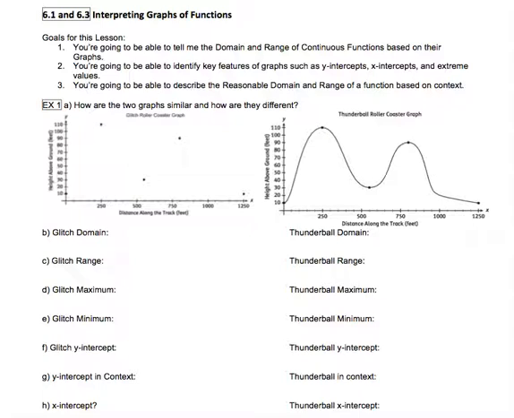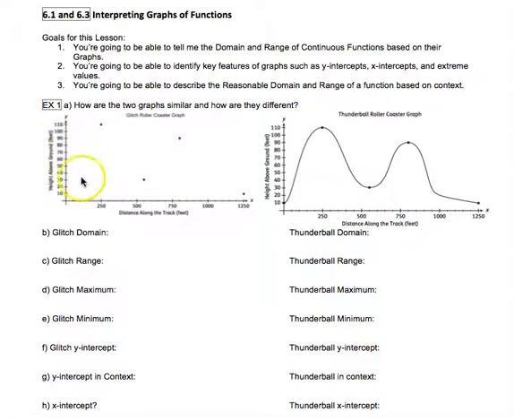So when we are looking at these, we have two different graphs. This is a graph describing the glitch roller coaster, and then this graph is one that describes the thunderball roller coaster. So the first question we want to answer is, how are the two graphs similar and how are they different?